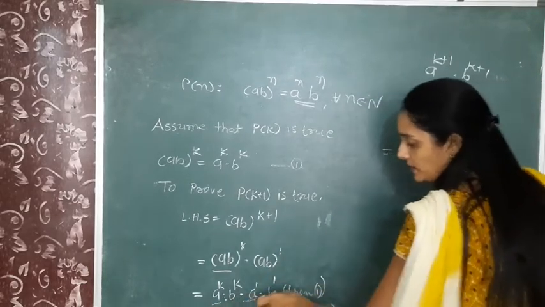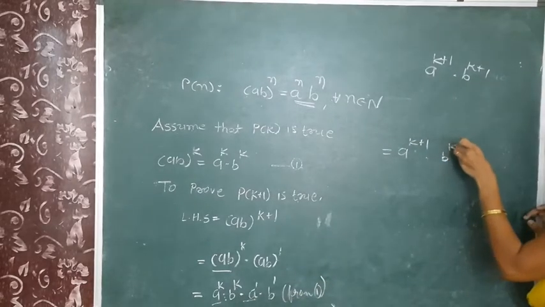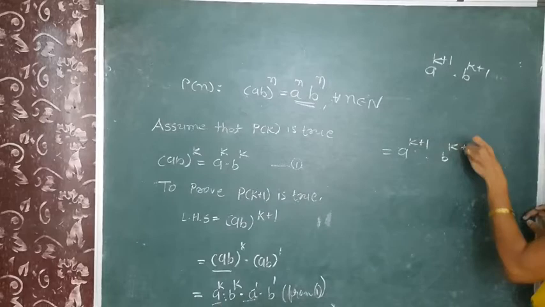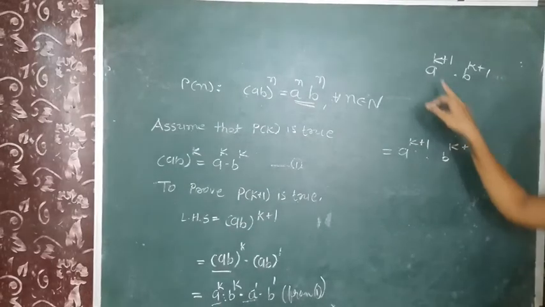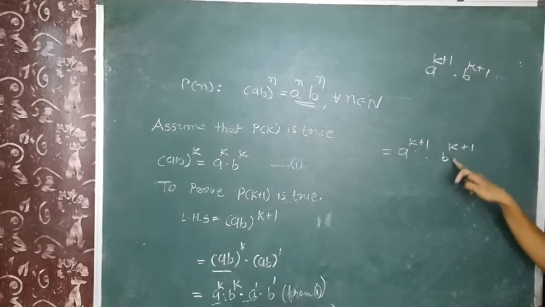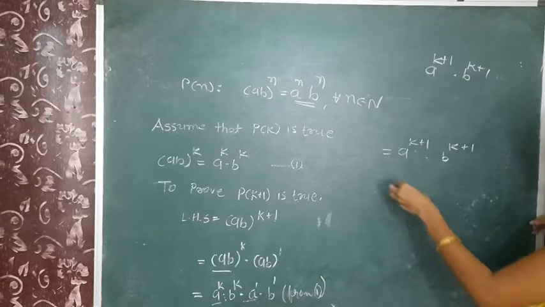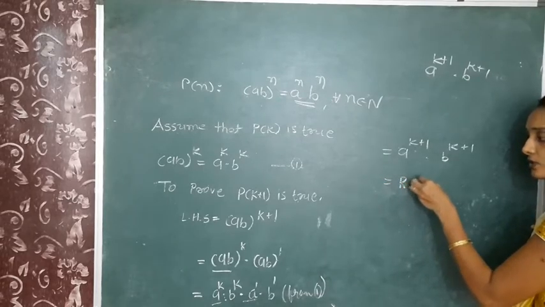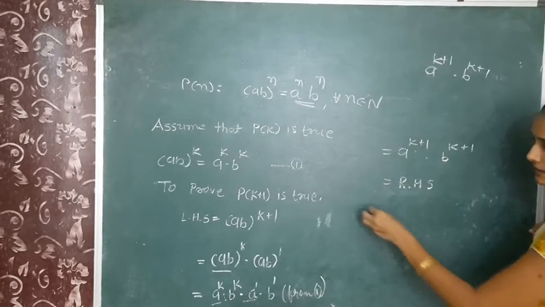Here also base are same, and if we get A raised to k plus 1 into B raised to k plus 1, then we can write LHS is equals to RHS.